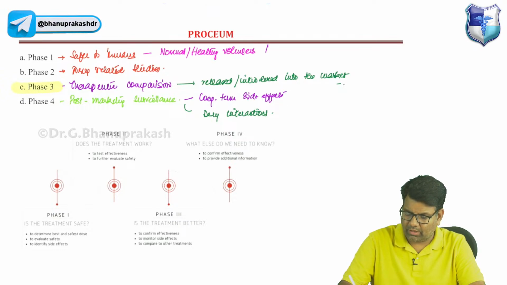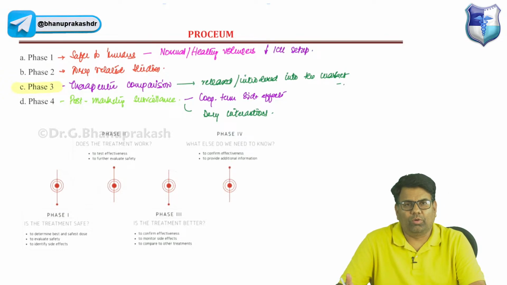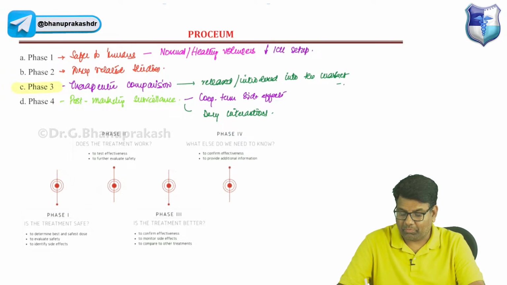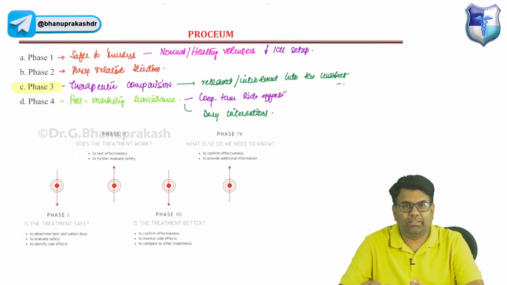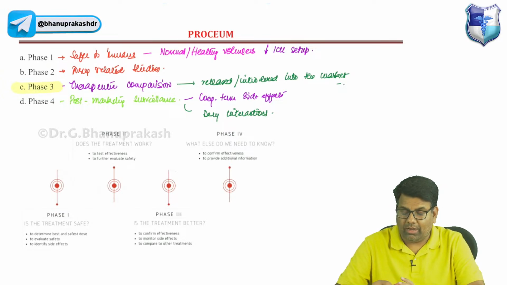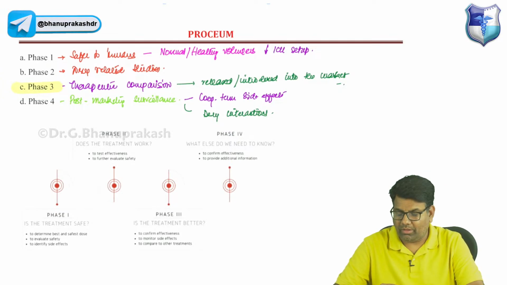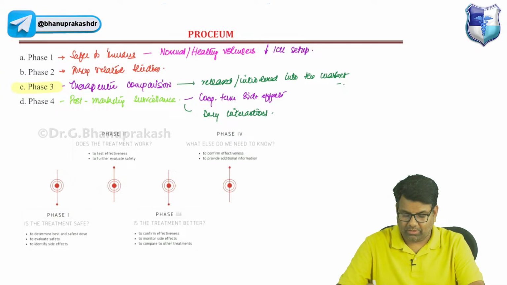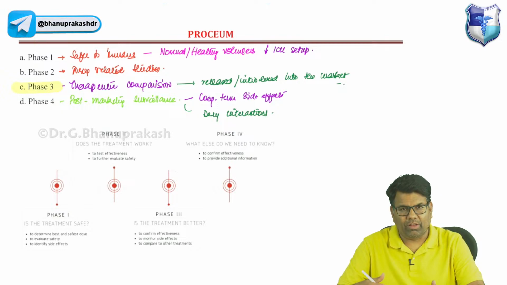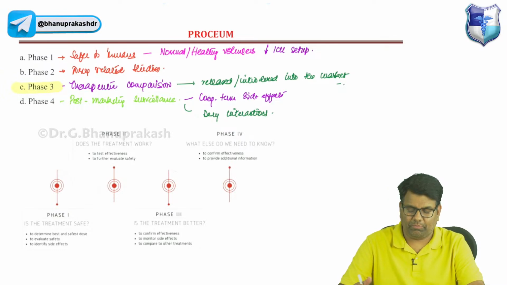This is given under an ICU setup, because we don't know what kind of effects might come, so we should have all those facilities readily available in case there is some life threatening side effect. So phase 1 is about checking drug safety, and that is the trial on normal humans. Once this is done, we go to phase 2, which is done on a small segment of patients.